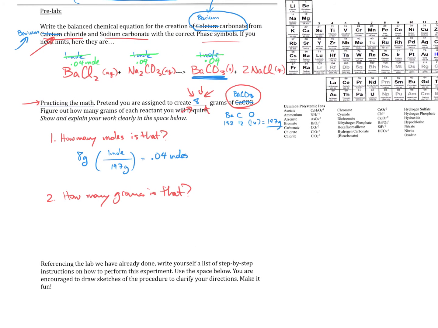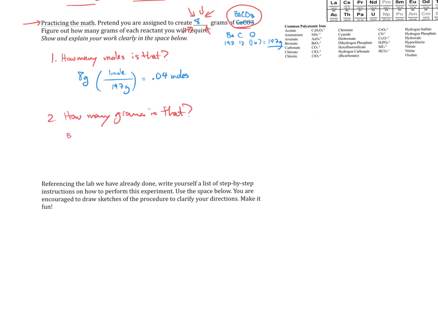So I look at my two ingredients, barium chloride and sodium carbonate. If I need to start with 0.04 moles of each, how many grams is that?